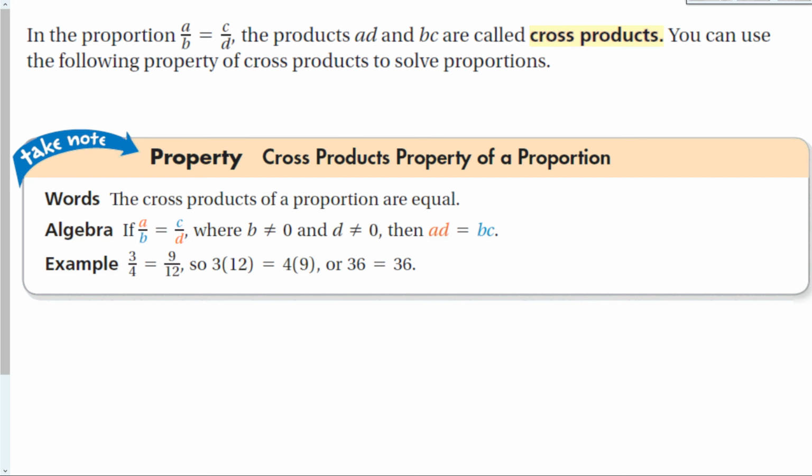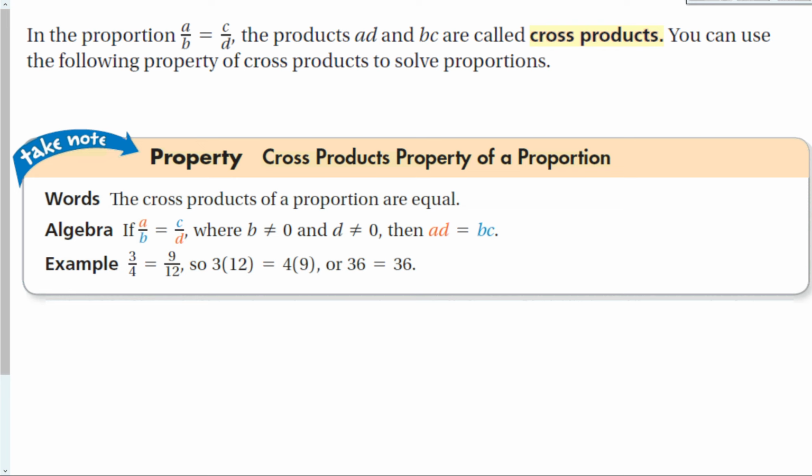So we have another property which is used much more in proportions. And you've probably heard of this one before. In the proportion A over B is equal to C over D, the products AD, A times D, and BC, B times C, are called cross products. Notice that they are across from each other. You can use the following property of cross products to solve proportions.